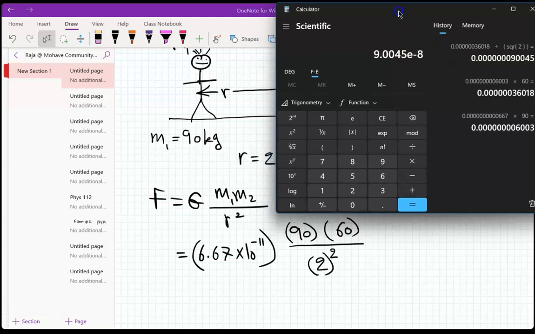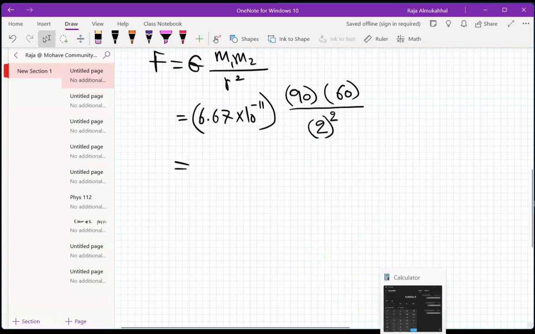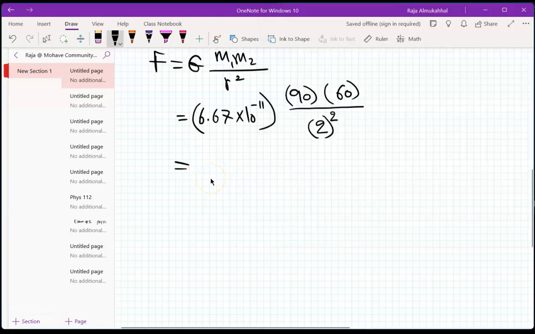What that means is, let me go back to my formula, and that's equal to, I forgot what the number is, sorry, what is it? 9, as you can see here, we want to put only 2 digits after the decimal, so basically 9.00 times 10 to the negative 8. So 9.00 times 10 to the negative 8 Newton. And there we go. Okay?